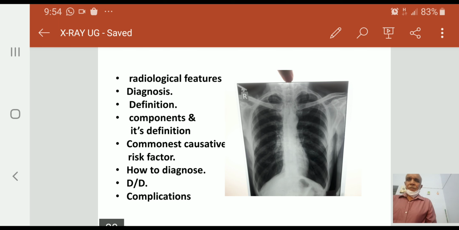Now this X-ray shows effusion. Commonly asked questions: your radiological features, what is your diagnosis, the definition, components, commonest cause, risk factors, how to diagnose, differential diagnosis, and complications. Now we will proceed to the next lecture. Thank you.